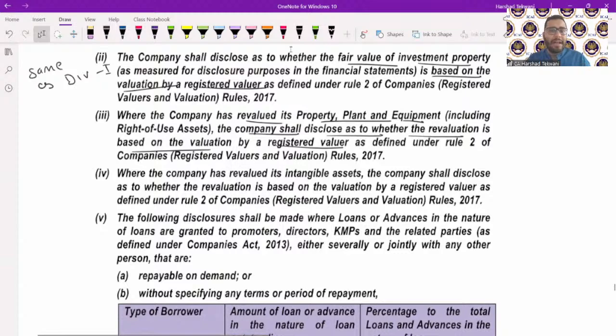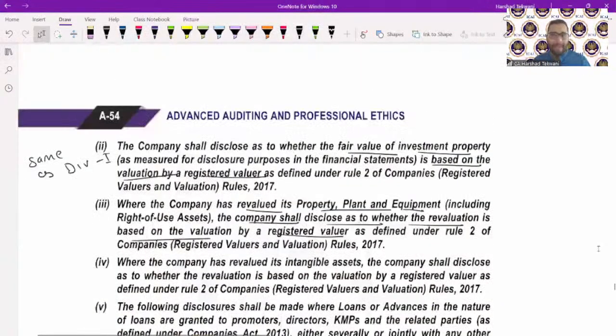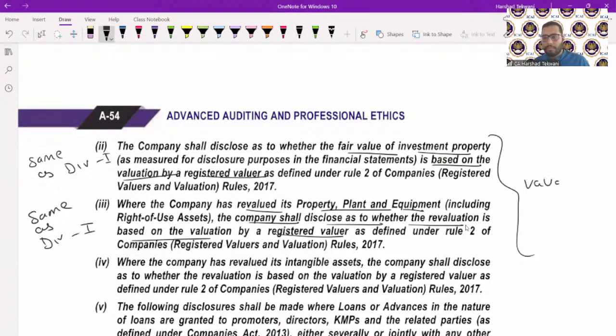Here in India, you will see the concept of investment property, and that's why there are two separate clauses for this particular revaluation, but both are on the same line. So valuation by a registered valuer or not.